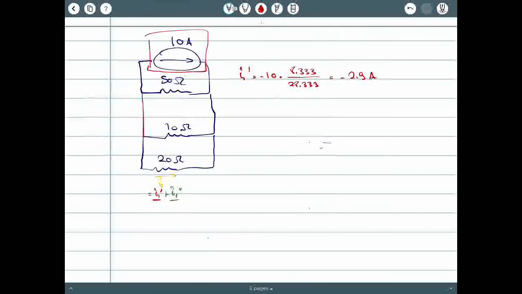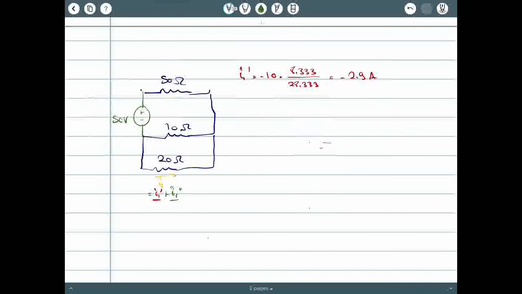And now, after finding the current caused by one source, let's set the current source to 0, it's gonna be an open circuit. That's why we're gonna erase it. Now the voltage source here is 50 volts.